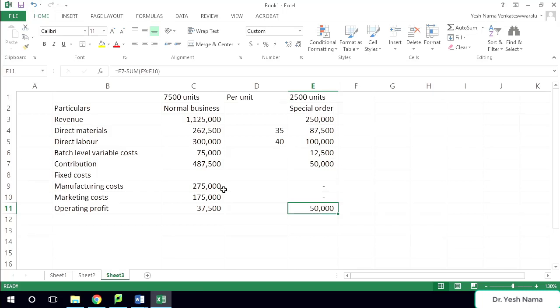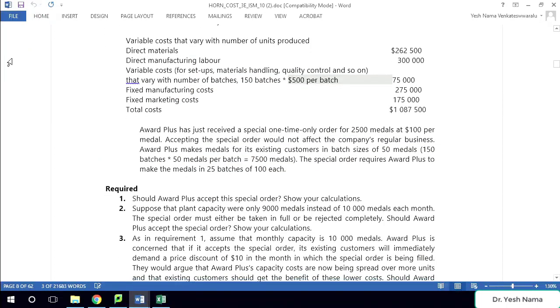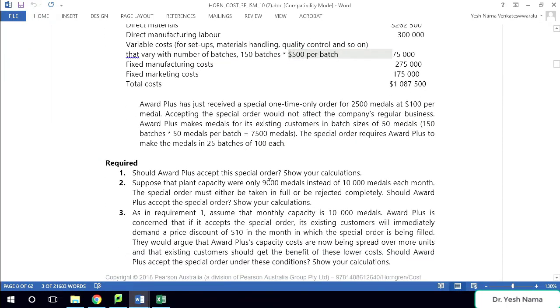the special order. Suppose that plant capacity were only 9,000 medals instead of 10,000 medals each month. The special order must either be taken in full or be rejected completely. Should the company accept the special order? Show your calculations.